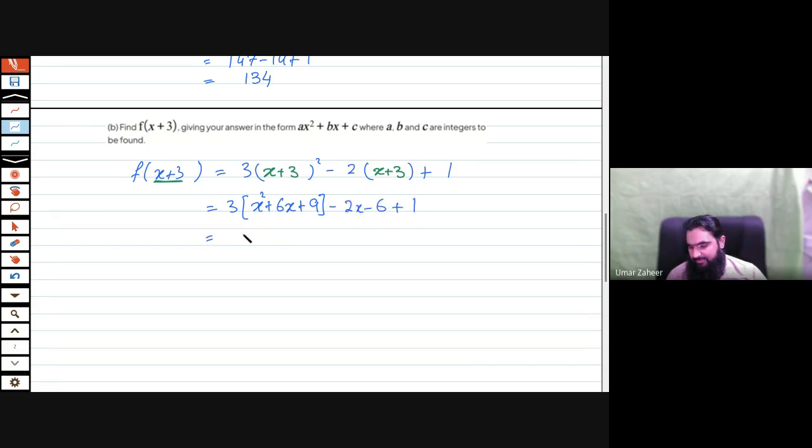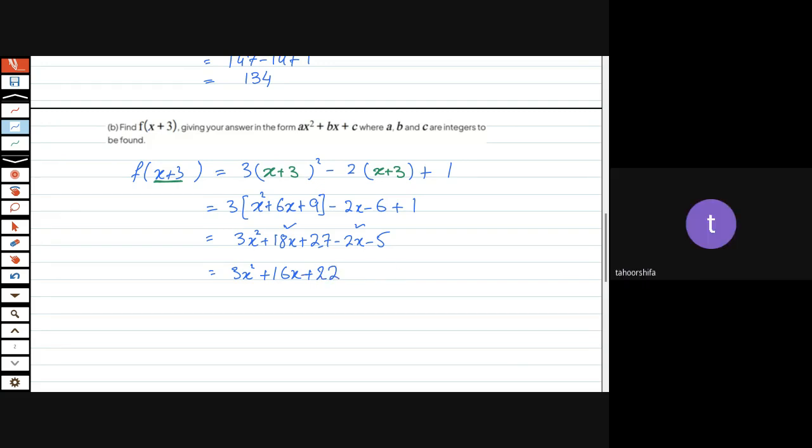Now multiply 3 inside the bracket: 3x squared plus 3 times 6 is 18x plus 3 times 9 is 27, minus 2x minus 6 plus 1, that is minus 5. Now 3x squared as it is, 18 minus 2 is 16x, and 27 minus 5 is plus 22.